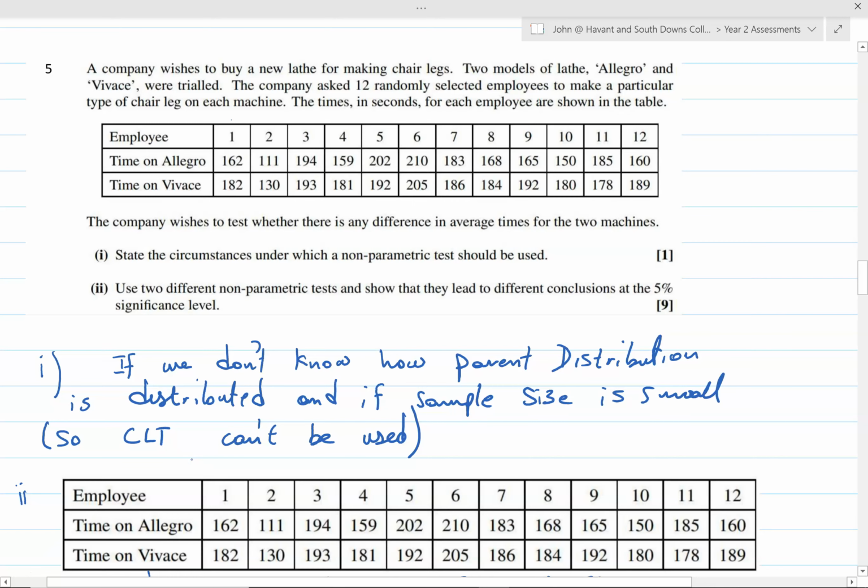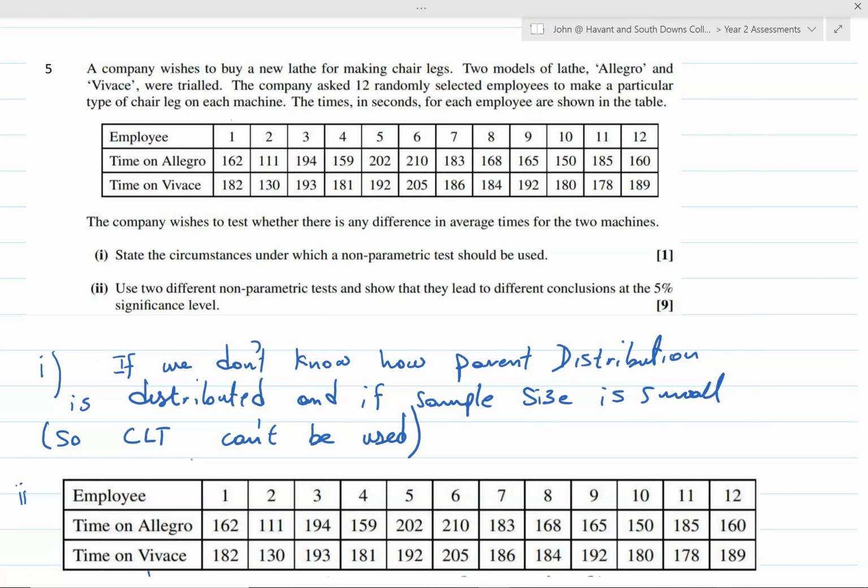Which is why we're going on to do a non-parametric test, because we don't know exactly what the parent distribution is like. Not assuming anything about that, and also the sample size is small, so we can't use the central limit theorem.